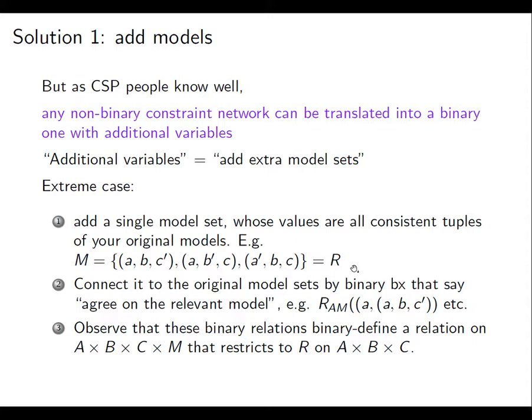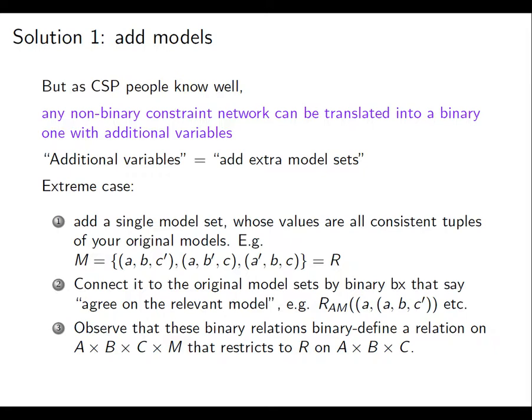And then we connect that new model set to the original model sets by binary relations that just say that they agree on the relevant model. So we'll say that the binary relation between our original model set capital A and our newly added model set capital M should record, for example, that little a is consistent with the triple ABC primed because of the fact that little a occurs in both of those 2 places.